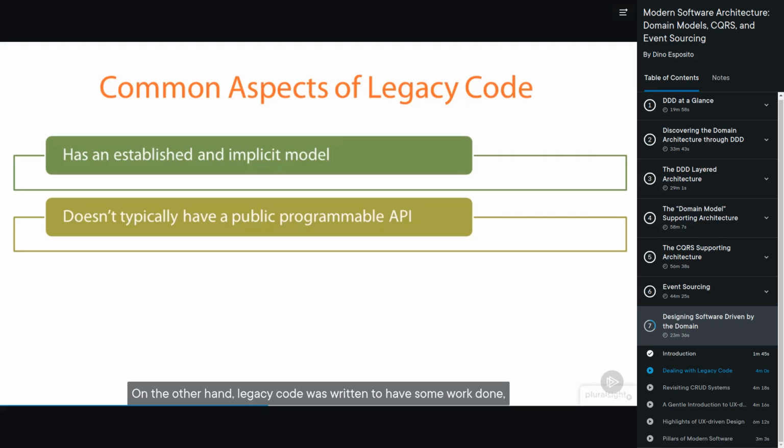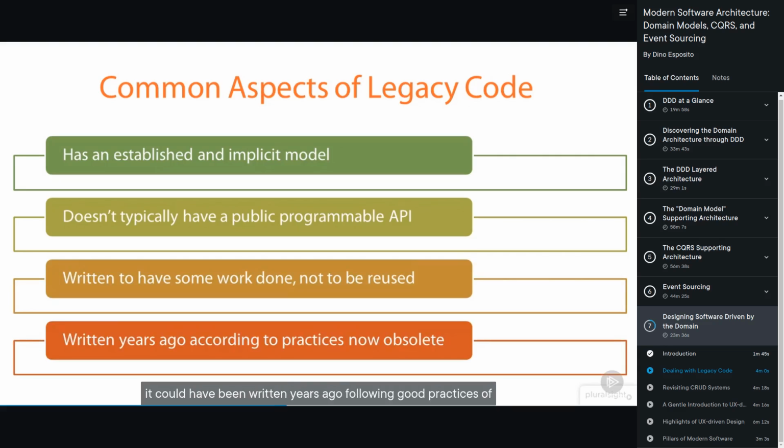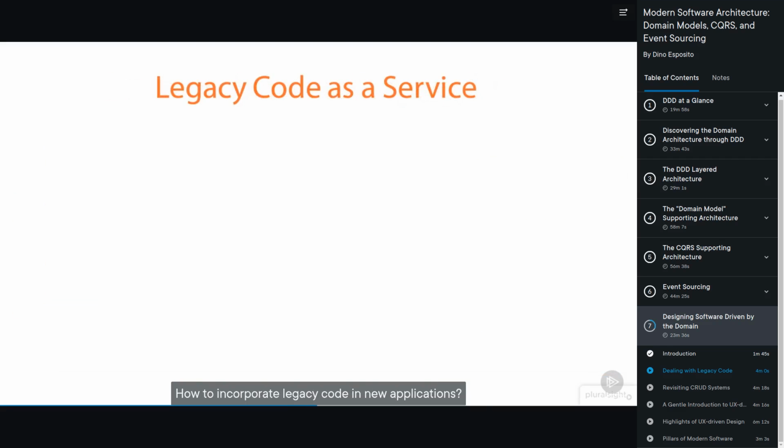On the other hand, legacy code was written to have some work done, not to be reused and showcased around. In addition, it could have been written years ago, following good practices of the time that now just turn to be obsolete.